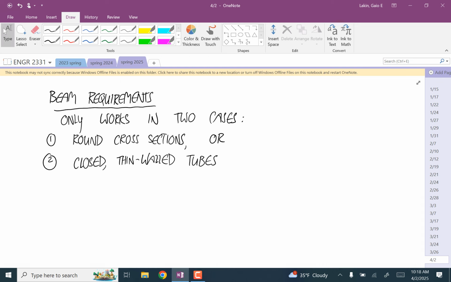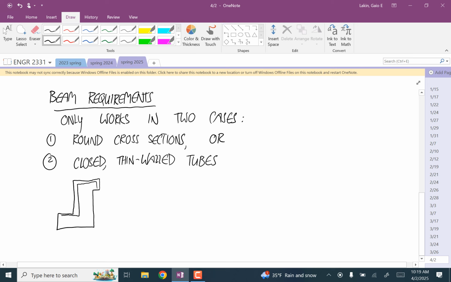Okay, so a closed thin-walled tube. Could be that.